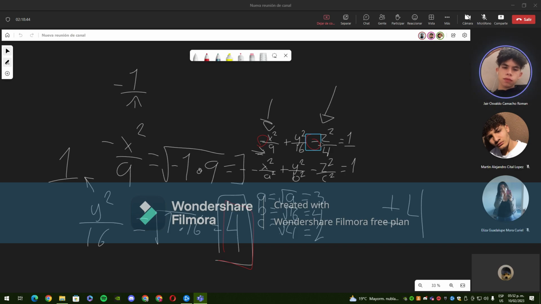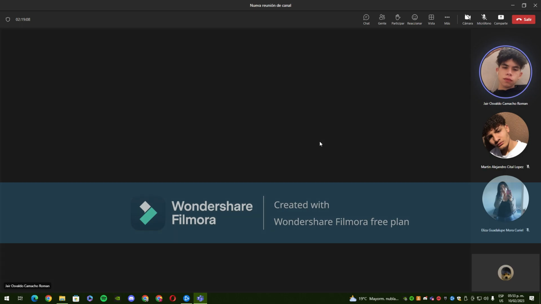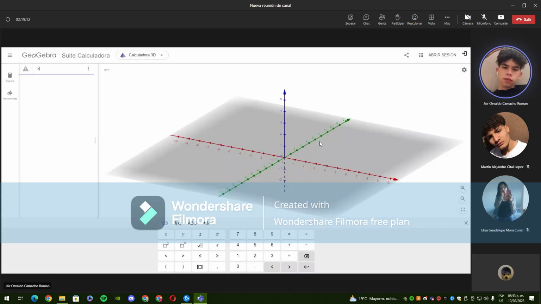I will show it in the graphic. Here we have less x squared over 9 plus y squared over 16 less z squared over 4 equal 1.